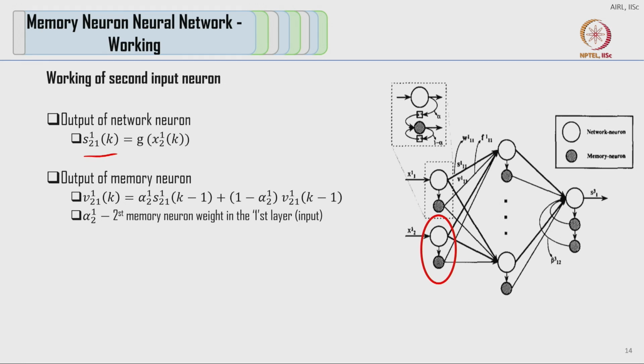The corresponding memory neuron output V21 of k is alpha 21 S21 of k minus 1, one step behind, plus 1 minus alpha 21 into V21 of k minus 1. Here alpha 21 is the corresponding memory weight. Remember, all alphas are restricted between 0 and 1.